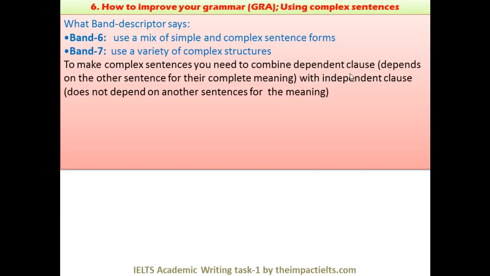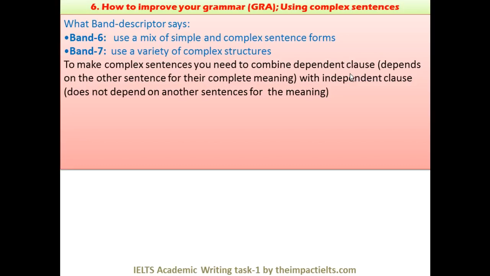For example, if you work hard, now see, if you work hard, it doesn't give you the complete meaning. It seems that we need to add something. So this if you work hard is a dependent clause. It needs another sentence to complete the meaning.